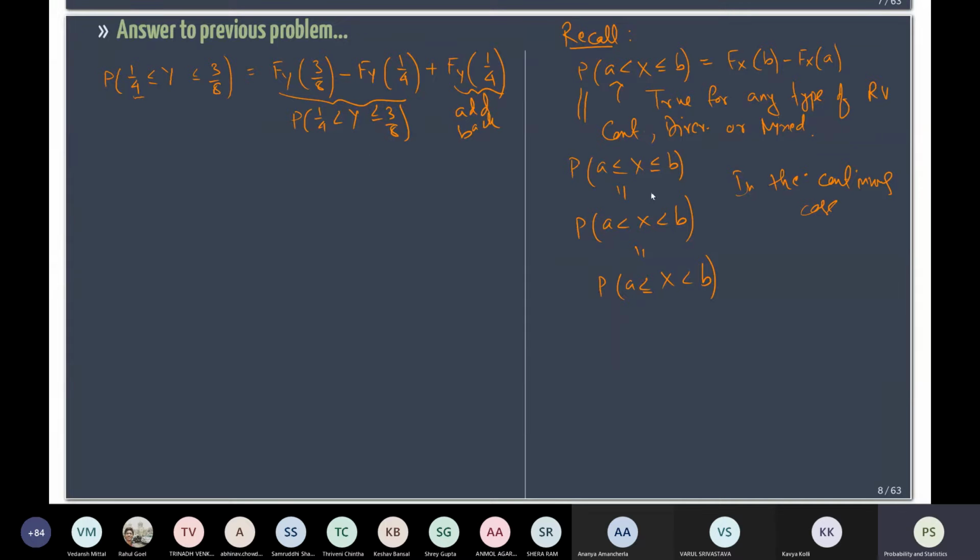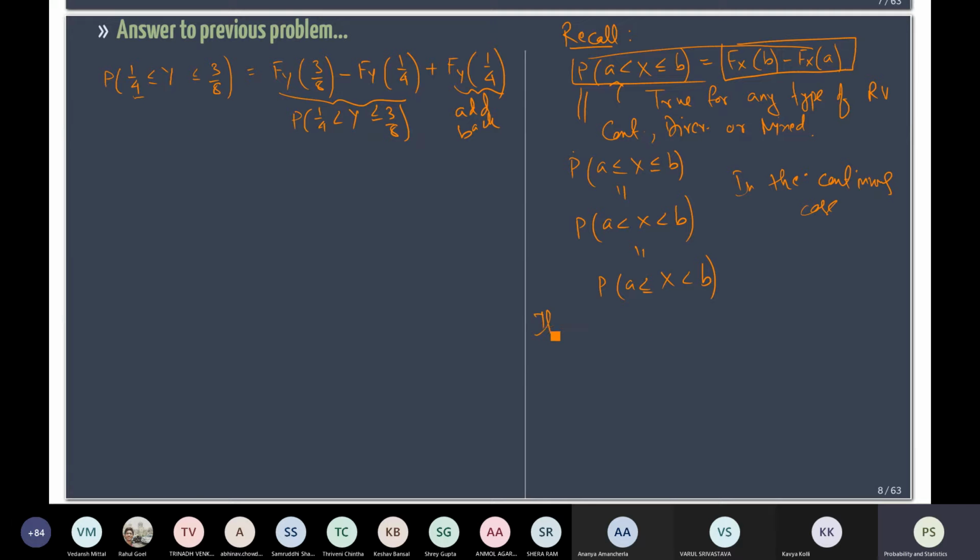And no need to worry if it was continuous. But if it is a mixed case, then only this result is true. This may not be equal to this.